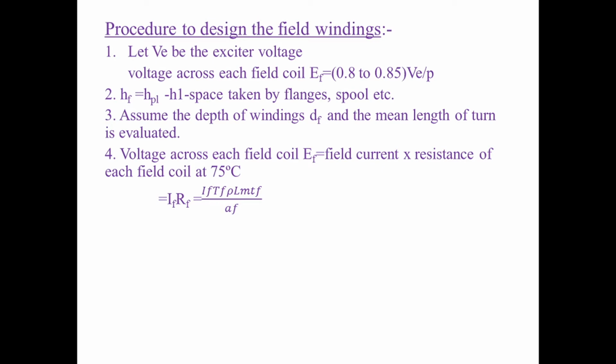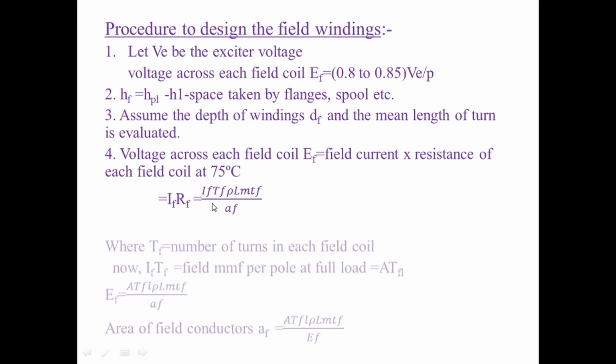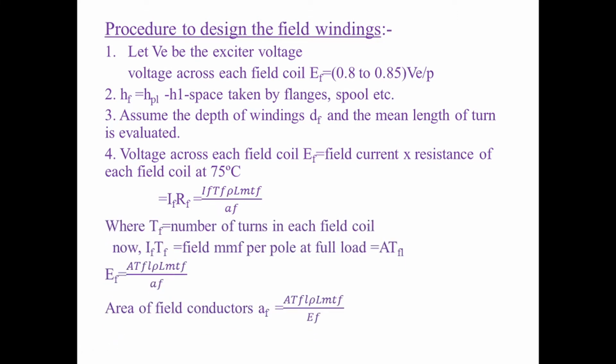So we can write RF in terms of these parameters. Here TF is the number of turns in each field coil, and IF into TF is the field MMF per pole at full load. So we can consider it as ATFL.